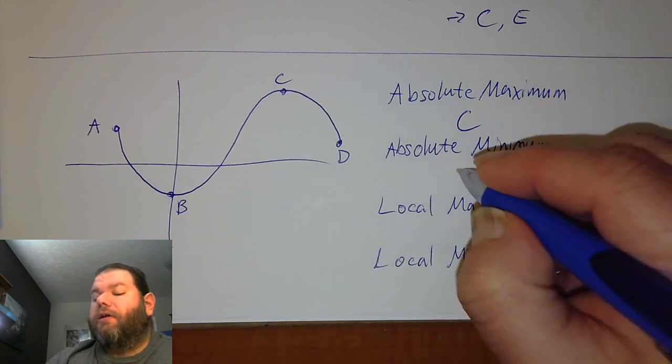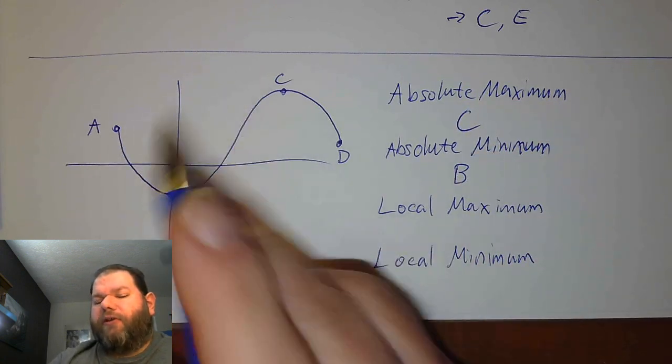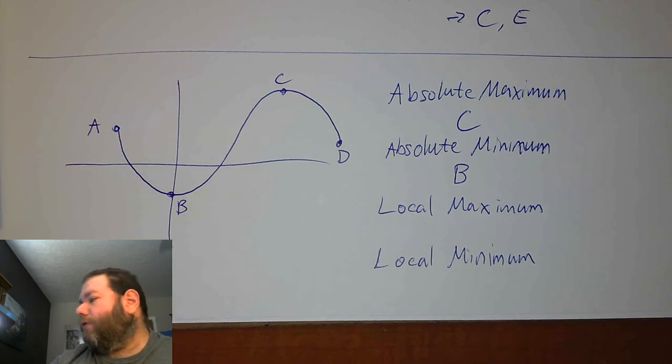A is kind of in between, so we can't really count it for an absolute.